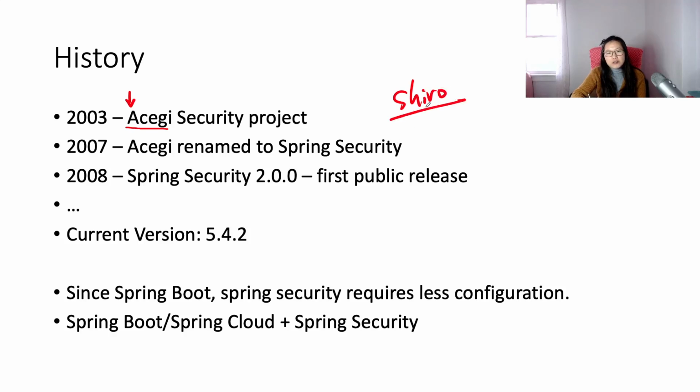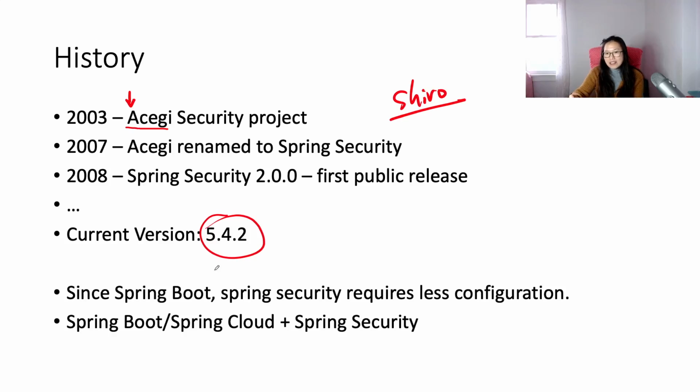It's much easier and more lightweight compared with the early age of Spring Security. That's why Spring Security was not that popular at the beginning. In 2008, Spring Security 2.0 was the first public release, and the current version is 5.4.2.